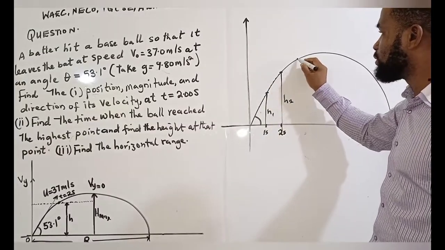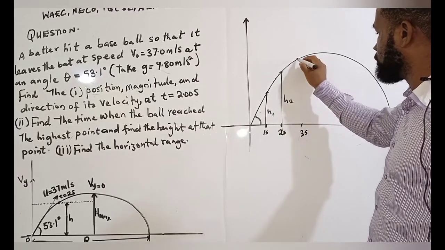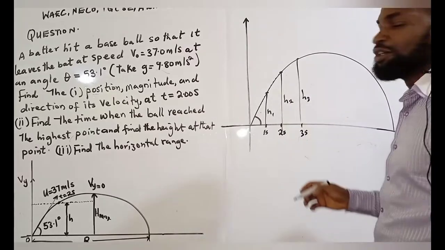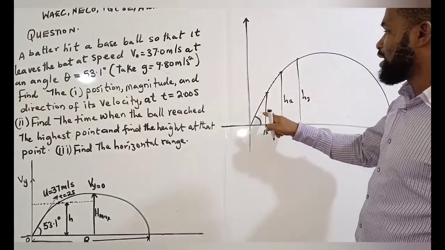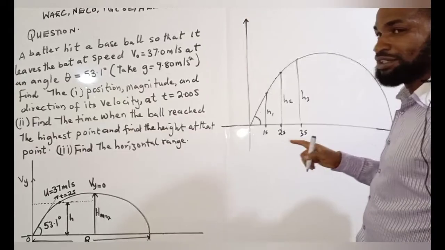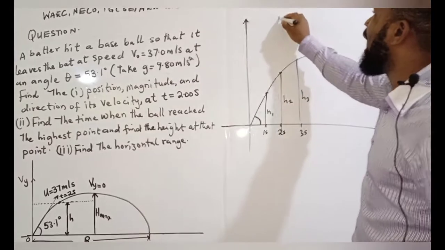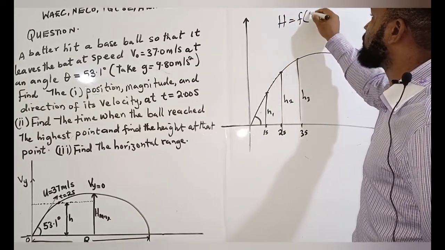If it gets to this point, maybe 3 seconds, H3. So what do you notice? You are noticing that the height is increasing with increase in time. That means height is a function of time.